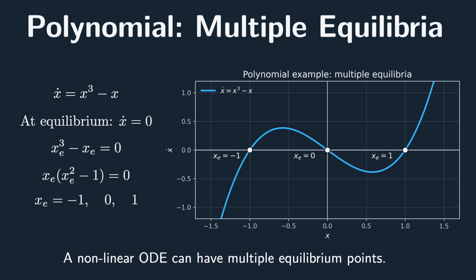A simple first-order linear equation usually has at most one equilibrium point. Nonlinear equations can have several because the curve can bend and cross zero multiple times. Here, finding the equilibrium points was essentially the same as finding the roots of the algebraic expression x cubed minus x. But these are roots of the equilibrium equation, not characteristic roots.